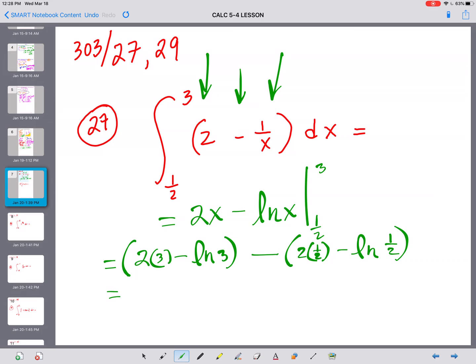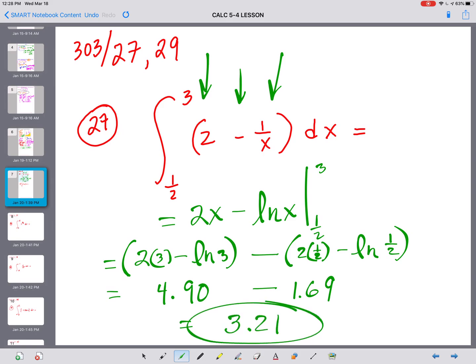We've got 6 minus natural log 3, which is 4.90, minus 1 minus natural log of 0.5, which is 1.69. So 4.90 minus 1.69, and we got our answer, 3.21.